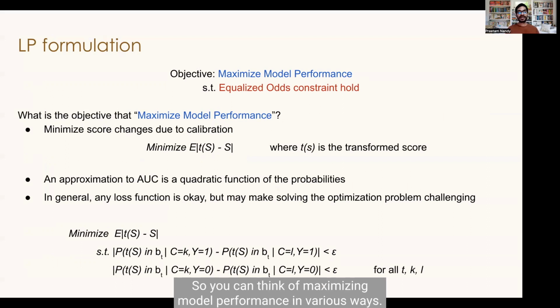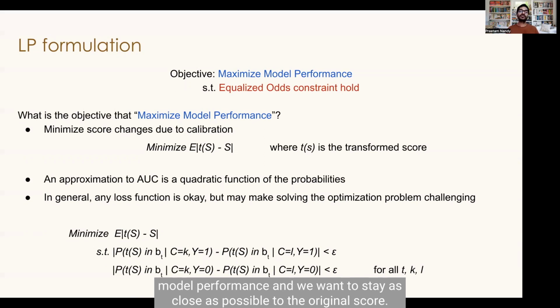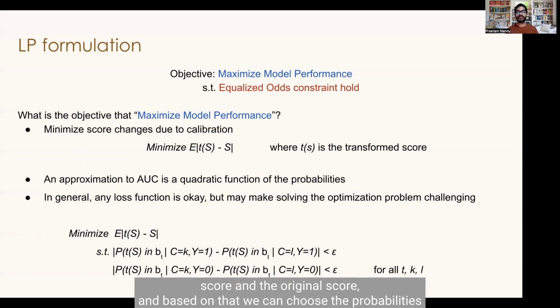You can think of maximizing model performance in various ways. One way could be that we assume our original scores have already achieved the maximal model performance, and we want to stay as close as possible to the original score. Then our objective could be to minimize the expected difference between the transformed score and the original score.